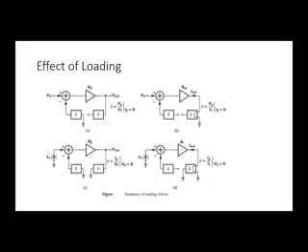And the third is to calculate the closed loop gain and the input and output impedance by scaling the open loop values by a factor of 1 plus beta AOL, where AOL is the open loop gain.